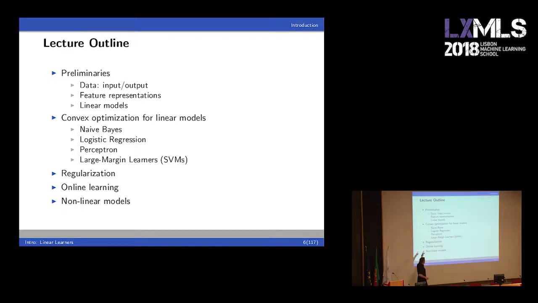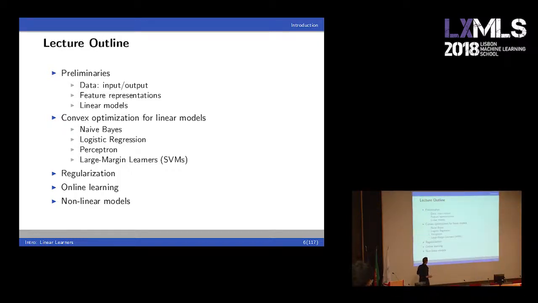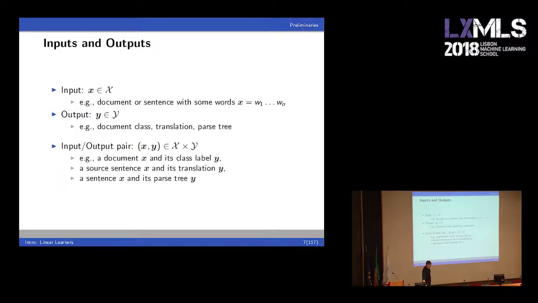And then I will talk about very general techniques that are applicable not just to linear models, but to any kind of models, like regularization, online learning, and a quick outlook at how nonlinearity can be introduced into the linear models without giving up the convex optimization routines.